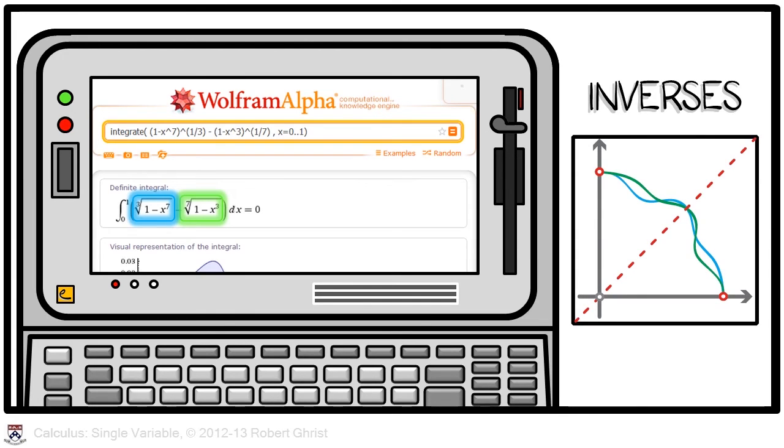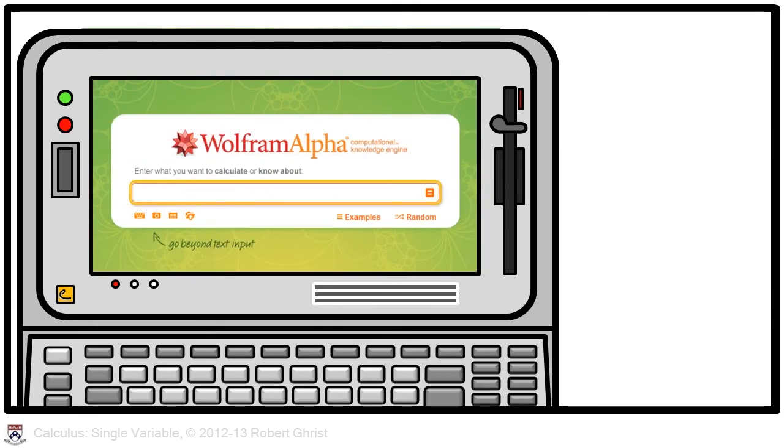And since we're going from 0 to 1, that means that the integral of the difference between these two must be 0, because anything on the left is balanced out by the corresponding piece on the right. Wolfram Alpha does a great job, but it doesn't explain the why.